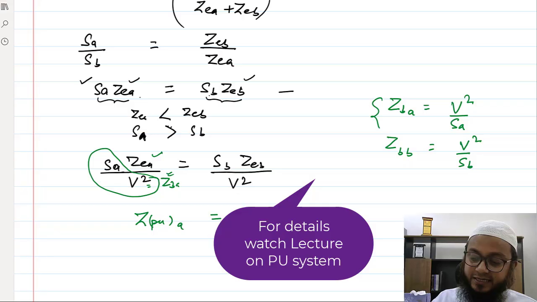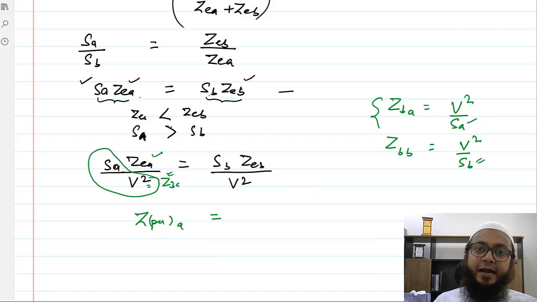In its own base means you have chosen different power there, right? We have said that if you talk about the per unit impedance of two transformers, then they have been defined in their own base, in their own apparent power and their own rated voltage.